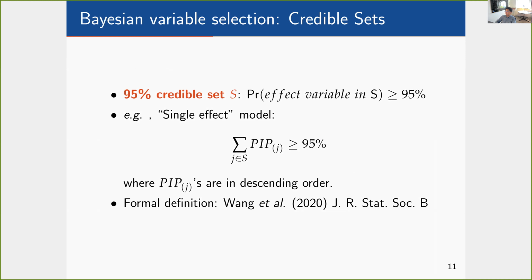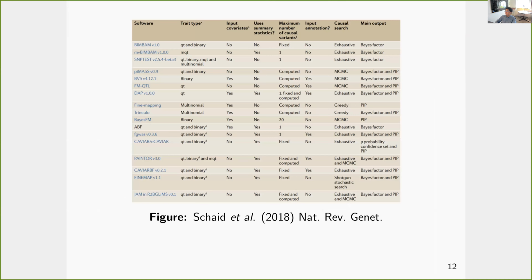But before that, people usually referred to a 95% credible set as something quite different. So this is a review, up to 2018, of what people do for fine mapping using the Bayesian variable selection approaches.